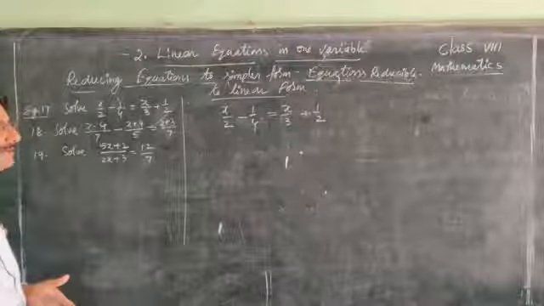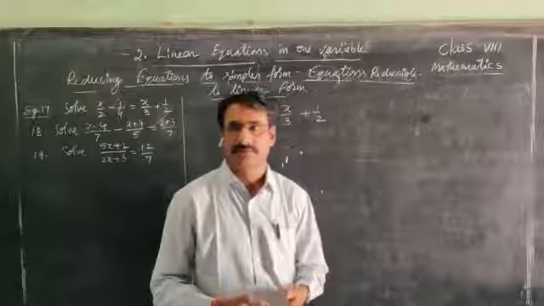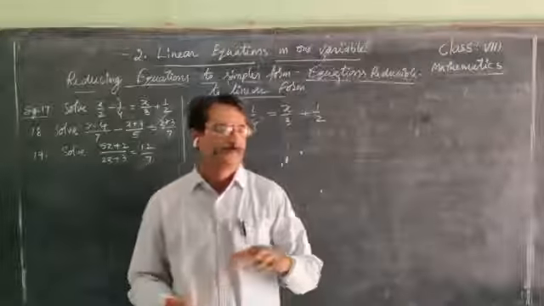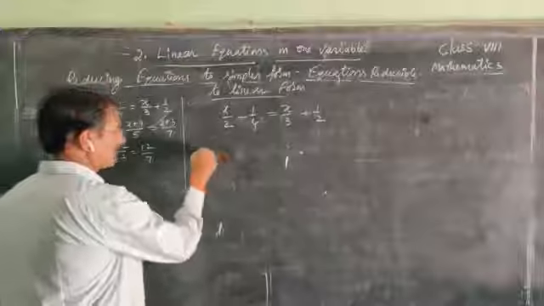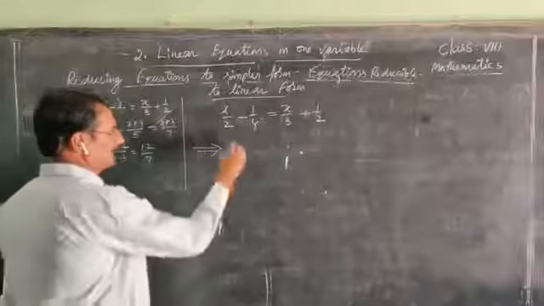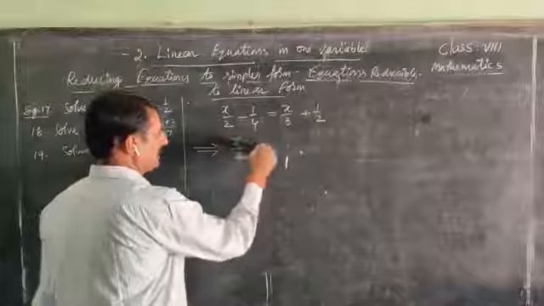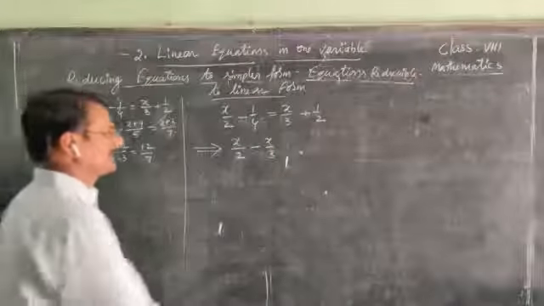As usual in solving, we send the x terms to one side and the remaining terms, that means constants, to the opposite side. Let's follow the same here also. The x by 2 term on the left side, bring that one across, becomes minus x by 2.